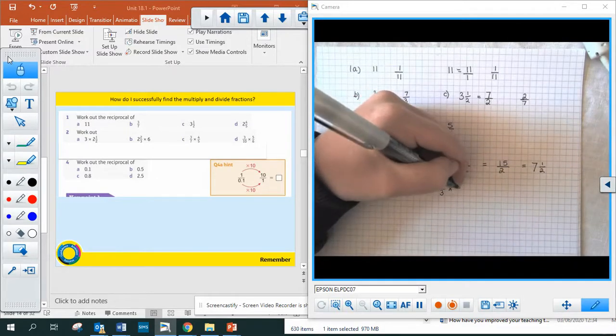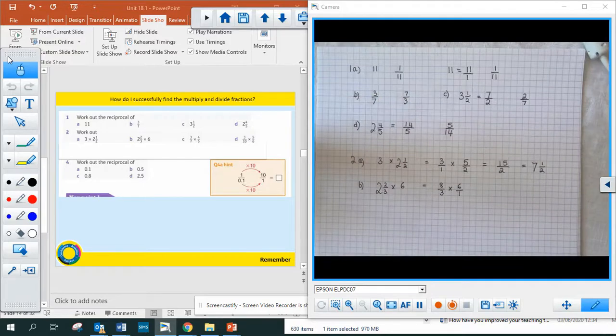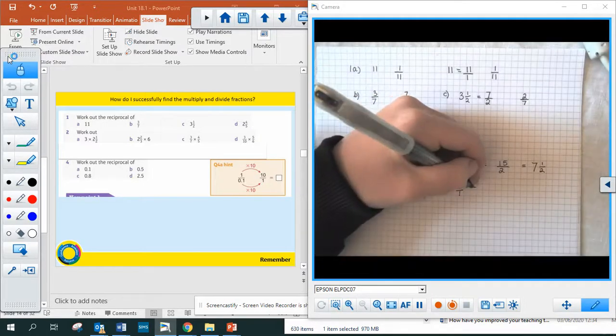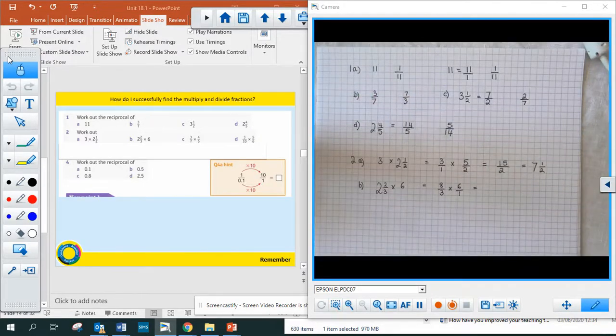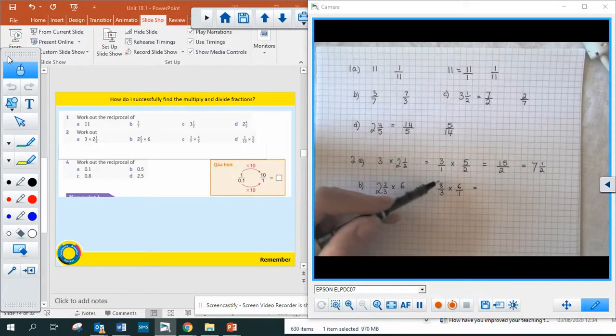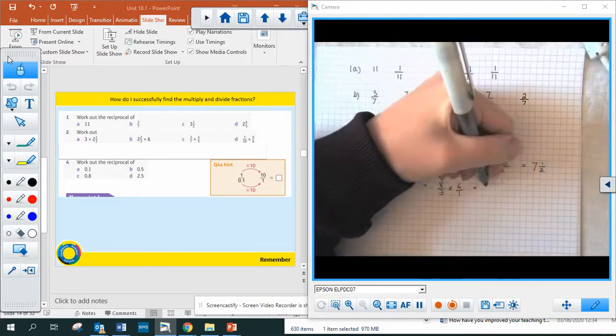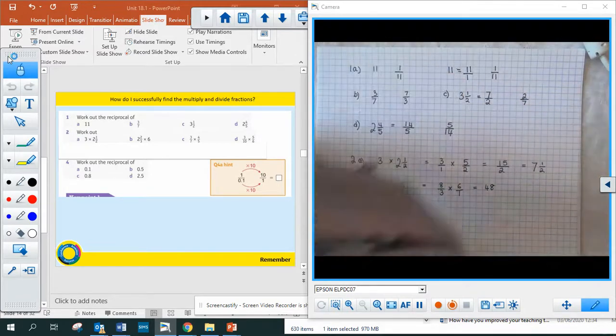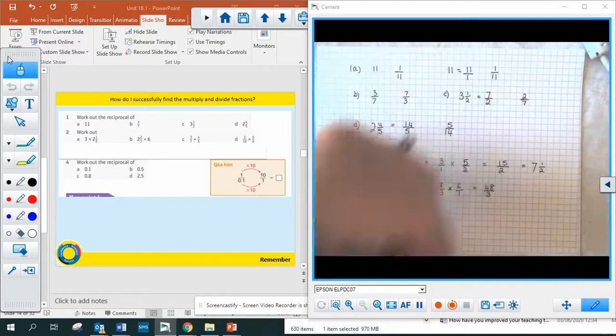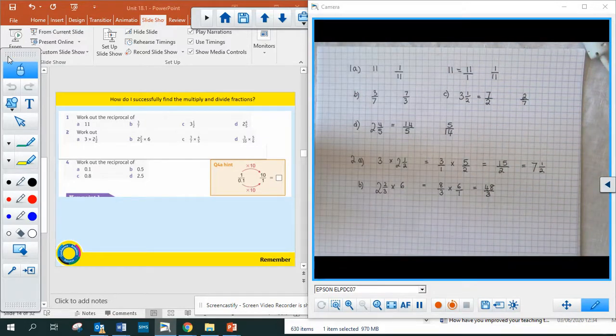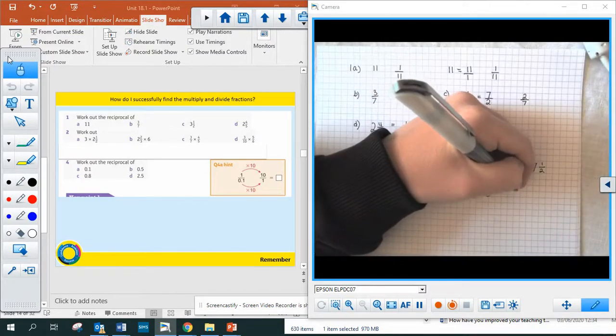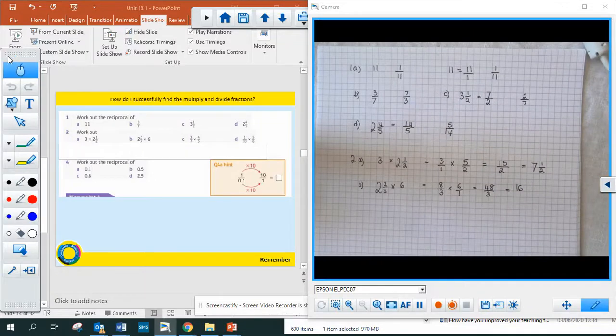And then I'm going to multiply that by 6 as a fraction, which is 6 over 1. 8 times 6 is what you need to do first, because we need to multiply our numerators. 8 times 6 is 48, and then over 3 times 1, which is over 3. And then, if you spotted, 48 divided by 3 is 16. So my answer there would be 16.